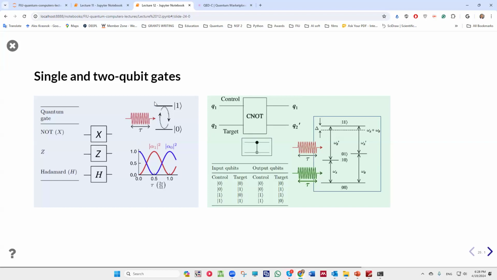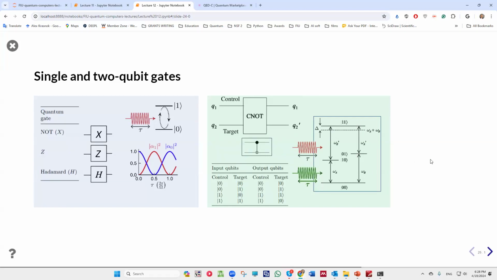So for superconducting quantum circuits, we can use pulses for single qubit operations. If we use two pulses, we can achieve two qubit operations, like two qubit gates, like shown here.